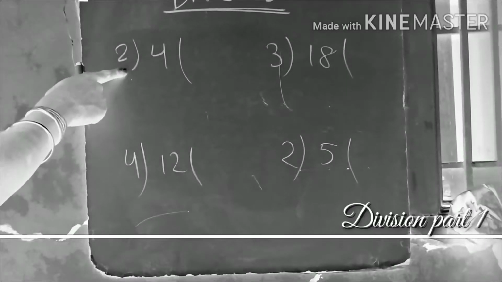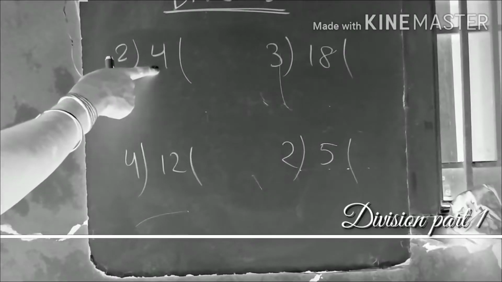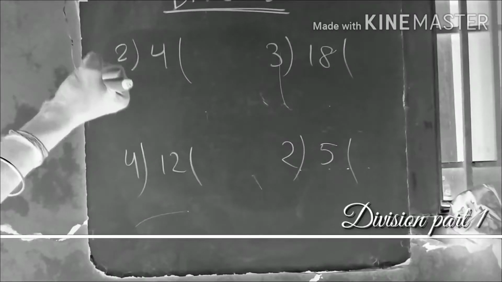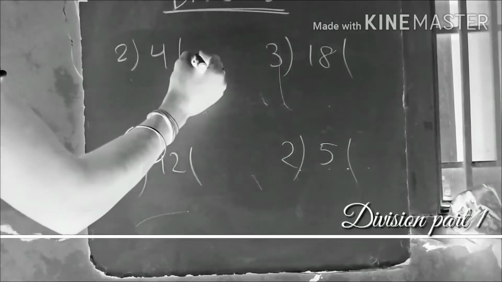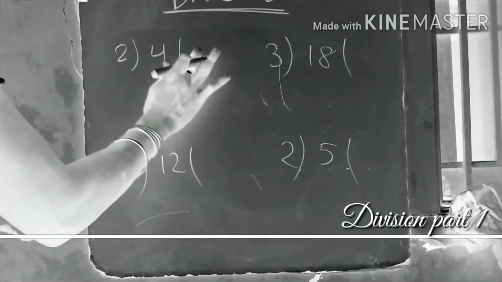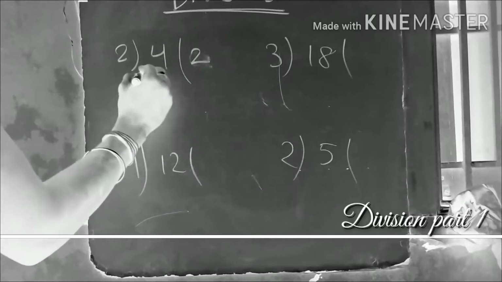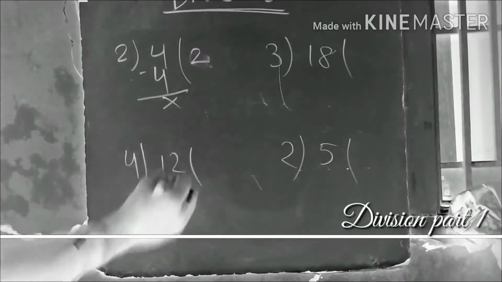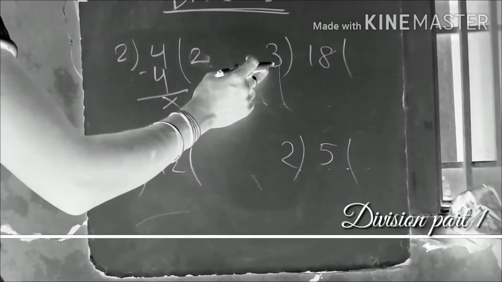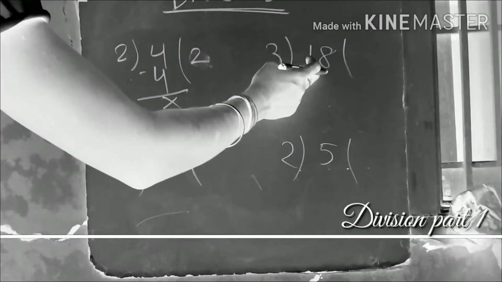We have to write 2 table equal to 4. 2 1 is 2, 2 2 is 4, equal to 4. 2 times. So 4. Subtract. Then we have to study the 3 table equal to 18.